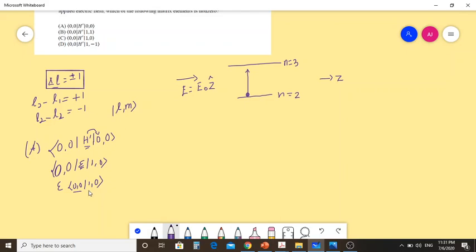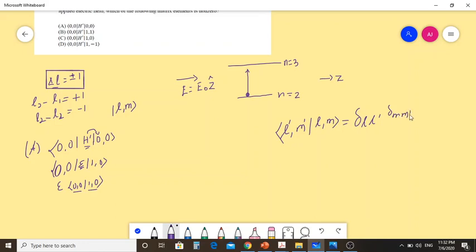Here you can use the Kronecker delta function. What does the Kronecker delta function mean? If the bra <L, m| takes the inner product with another ket |L prime, m prime>, it will be equal to delta L L prime times delta m m prime.